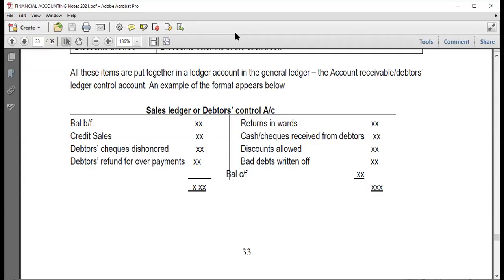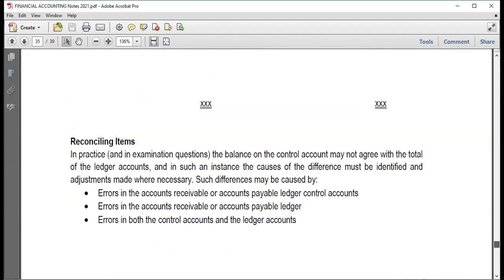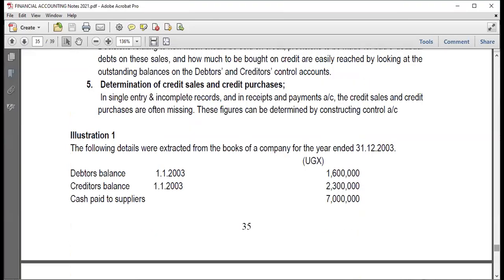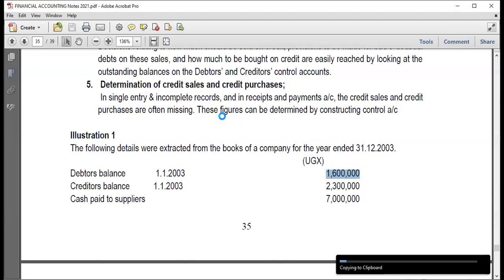So what I'm going to basically do, similar to that, I'm just going to come here to my question. So this is my debtors balance. This is my balance brought down, the 1.6. 1.6 is my balance brought down.